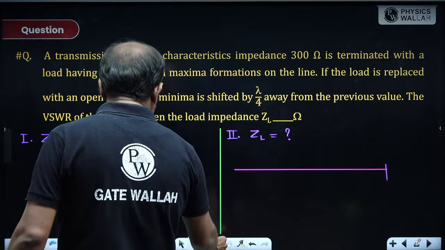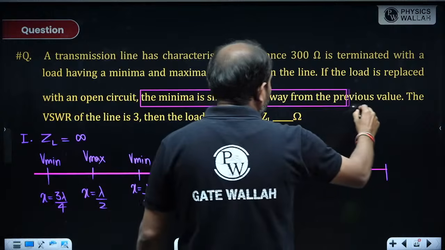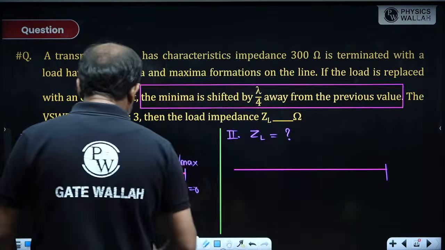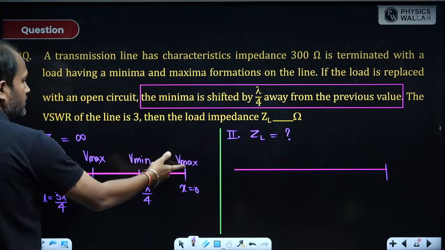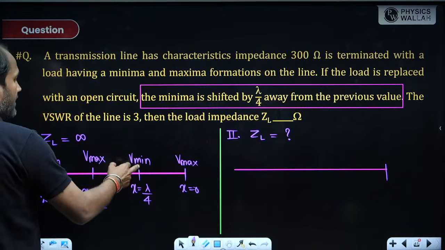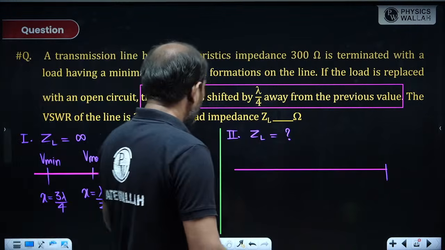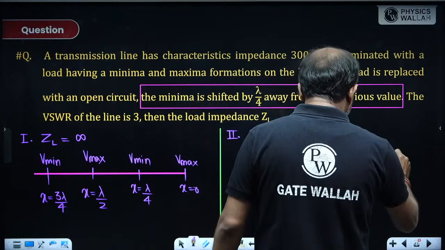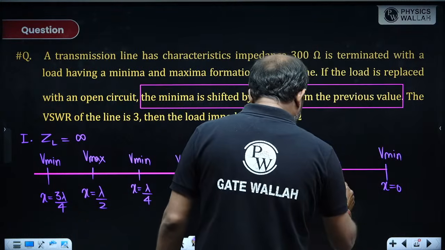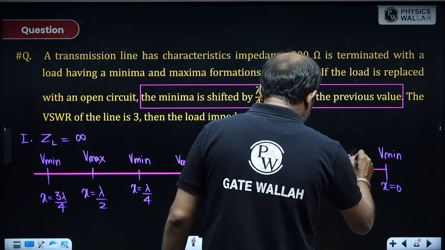The minima is shifted by lambda by 4 from the previous value. So here voltage minimum will be shifted. So at load, voltage minimum. At lambda by 4, voltage maximum. Voltage minimum at load. This is the point which you have to understand.